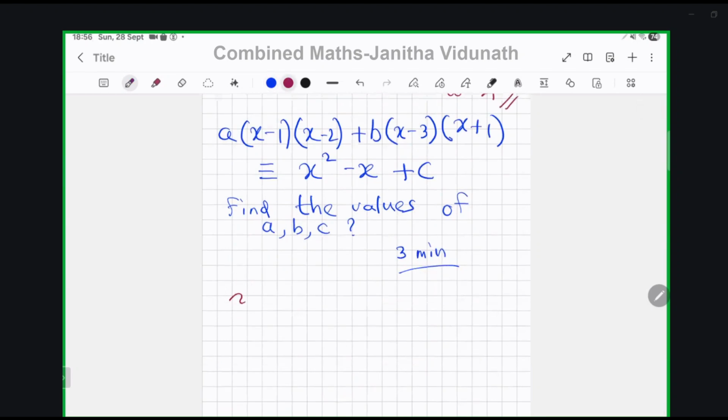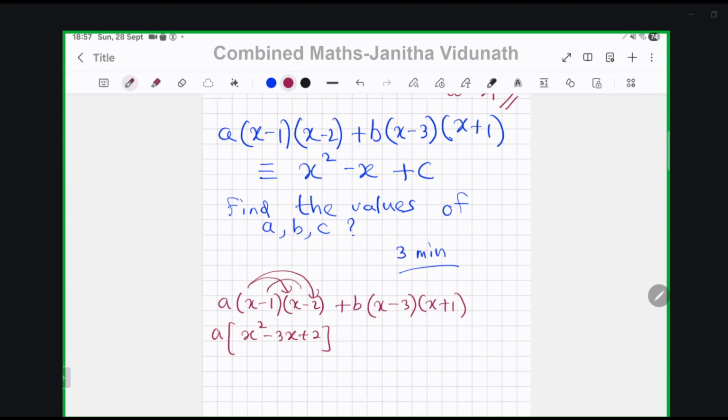Here on the left hand side, we have the polynomial a times (x minus 1)(x minus 2) plus b times (x minus 3)(x plus 1). Then we can simplify this as a times (x square minus 3x plus 2), since multiplying gives x square, minus 2x, minus x, plus 2.